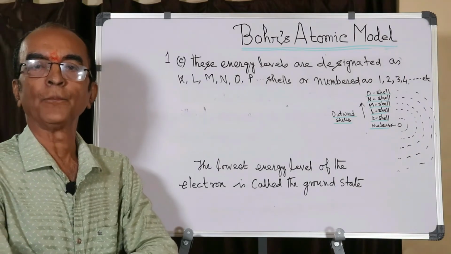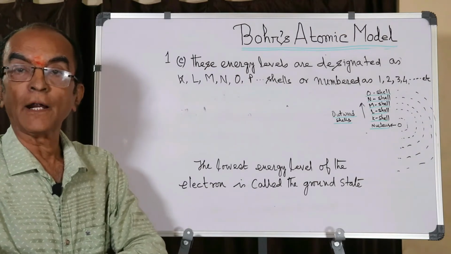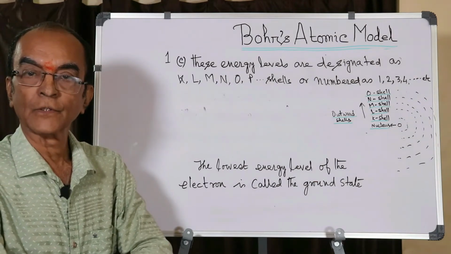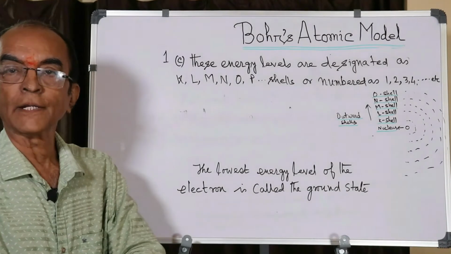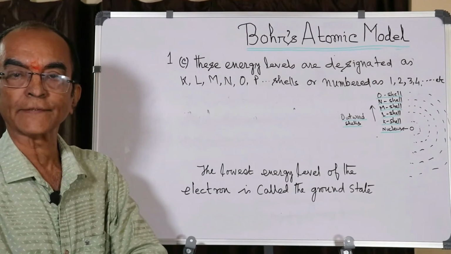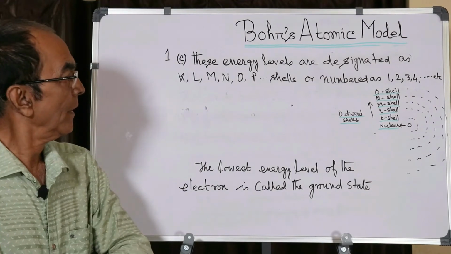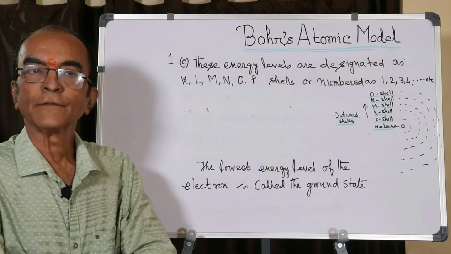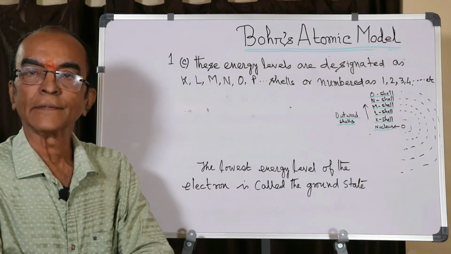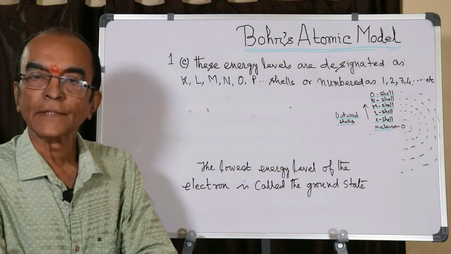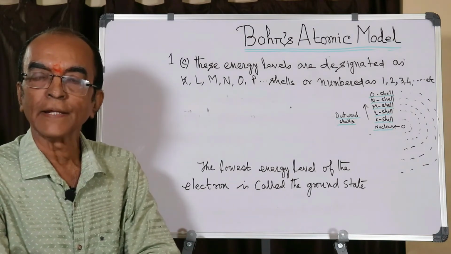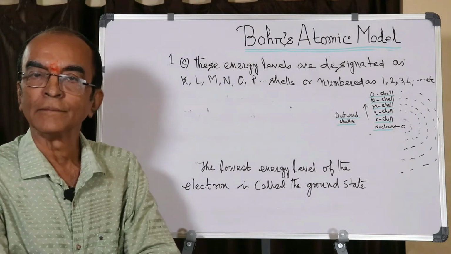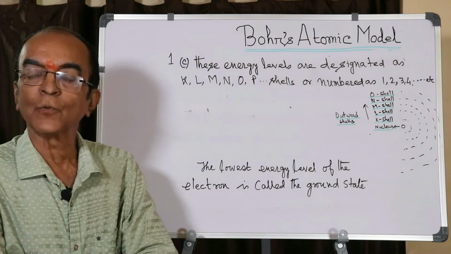As postulated by Bohr, these energy levels are designated as K, L, M, N, O shells or numbered as 1, 2, 3, 4, etc. Normally, the nucleus in an atom is always situated at the center, and around the nucleus first the K shell will come, then the L shell, then the M shell, thereafter the N shell and O, and so on.